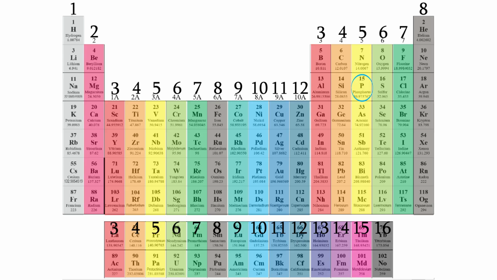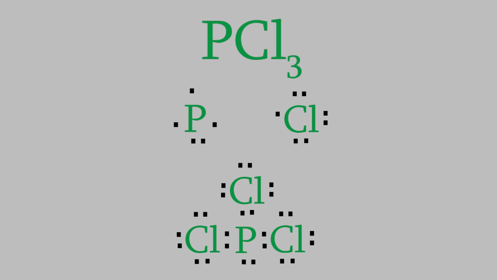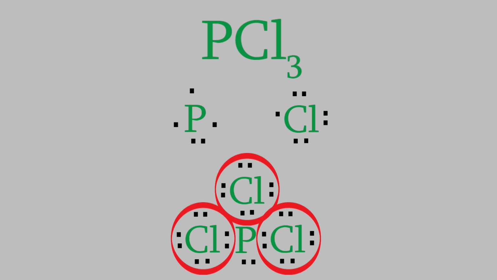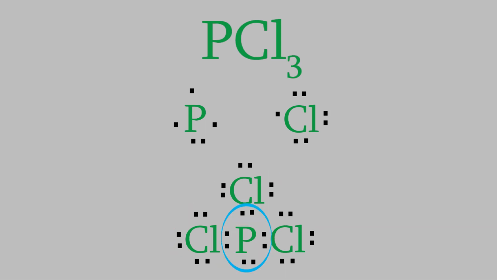Phosphorus has 5 valence electrons, and chlorine has 7, so their Lewis structures are these. When we combine them to form a molecule, we get this. This time, the bonds are all covalent bonds, so the electrons are shared by both atoms. That means the chlorines each have 8 electrons in their valence shells, and so does the phosphorus.